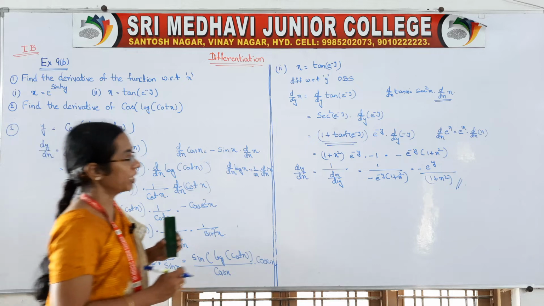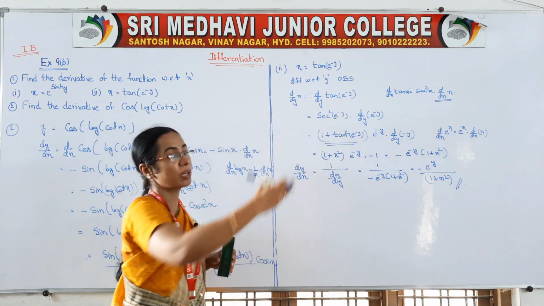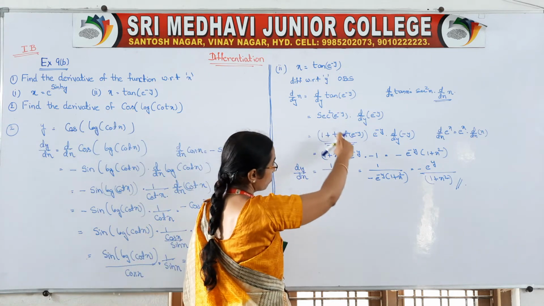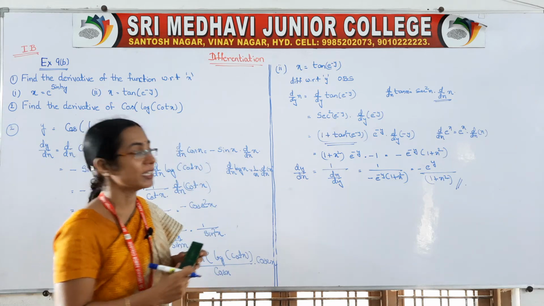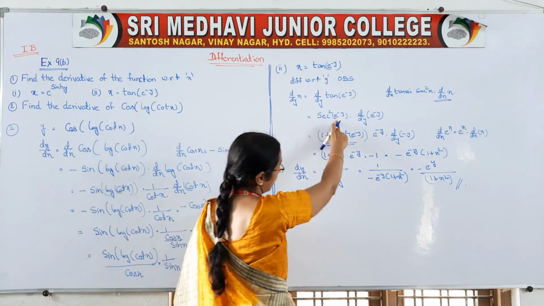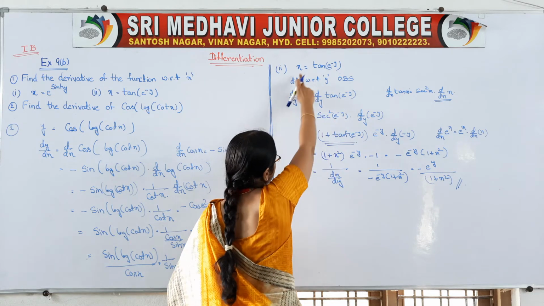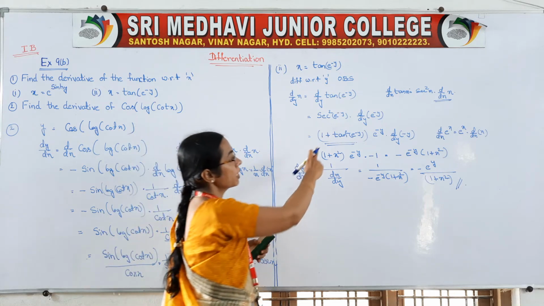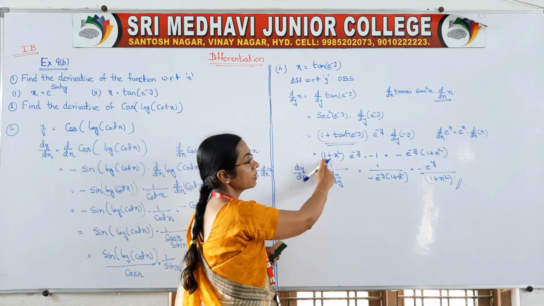So for tan of e to the power of minus y, you have to take the tan formula. Then we got secant square, and we applied a trigonometry formula here, not a differentiation formula: secant square x is equal to 1 plus tan square x. Why did we apply that? Here x is equal to tan of e to the power of y, so in place of 1 plus tan square of e to the power of y, we can take 1 plus x square.